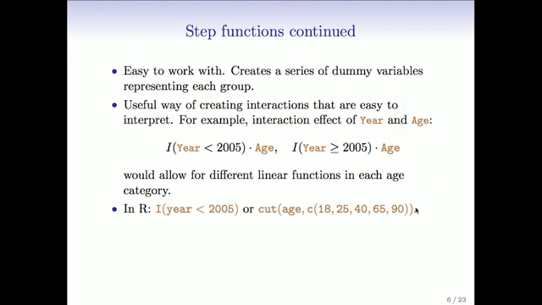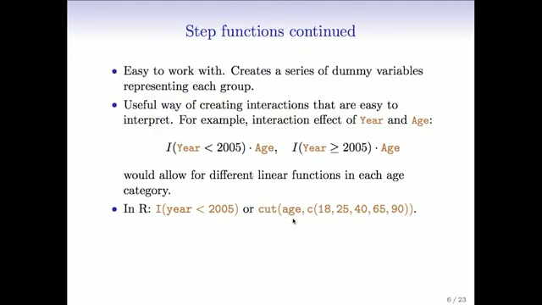And in R, creating these dummy variables is really easy. Creating an indicator function is pretty much the same expression we've shown up till now. There is a function I in R, which is basically an indicator. And year less than 2005 turns into a logical, but when wrapped in the indicator, it's essentially a 0, 1 variable.